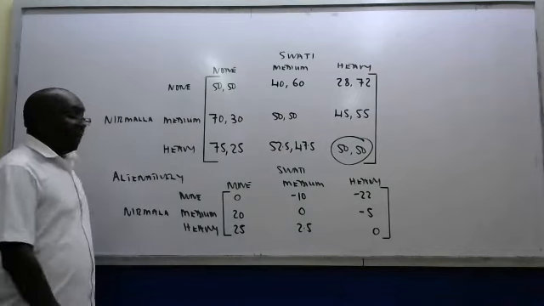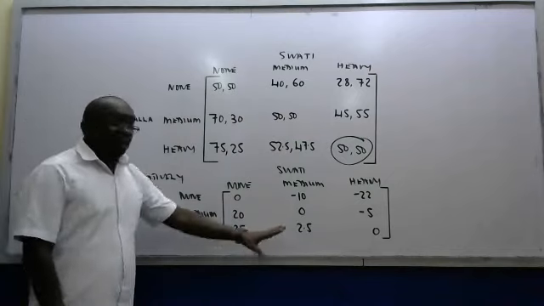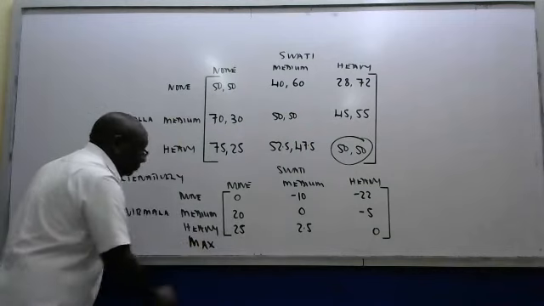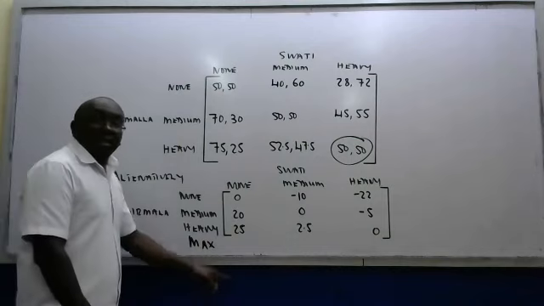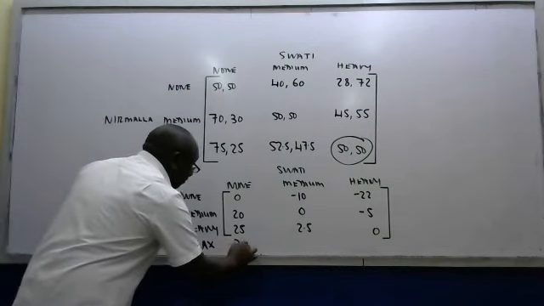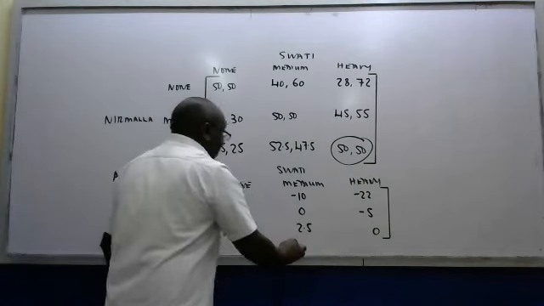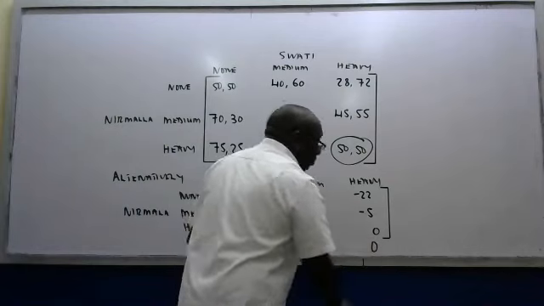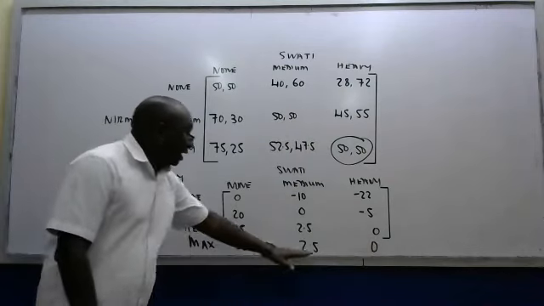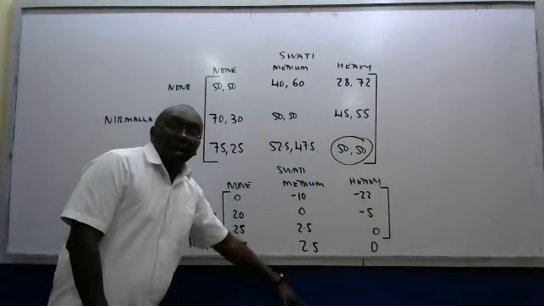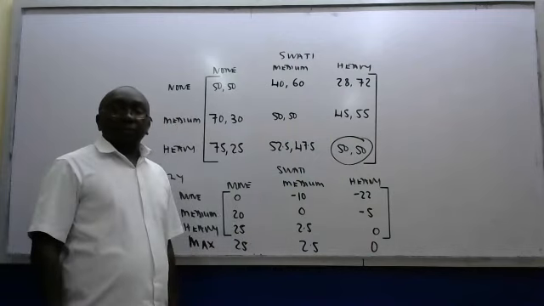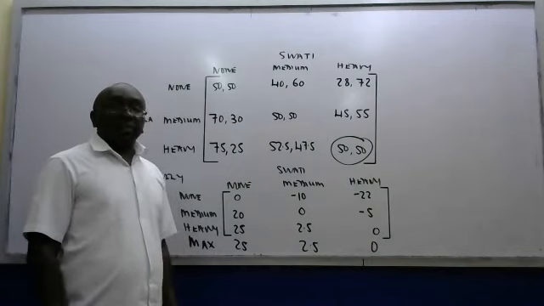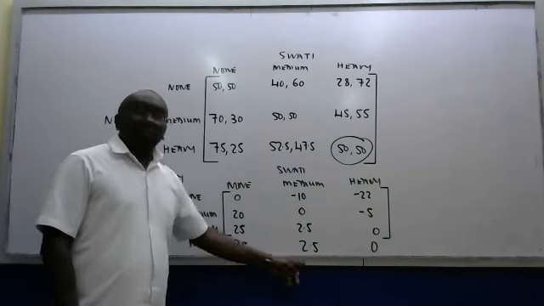Now let's start with what we did for the first one. I told you here you take the maximum. So the max in the column of none is 25. Here it is 2.5. Here it is 0. Then below, write what is called minimax. Minimax means you go for the minimum of these maximums.